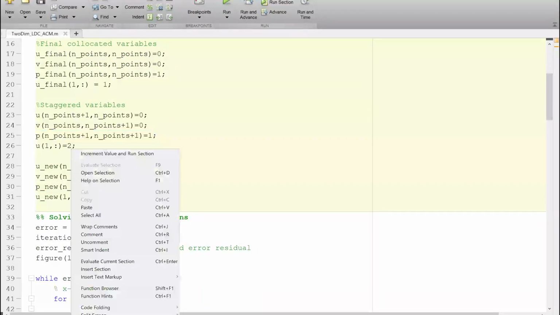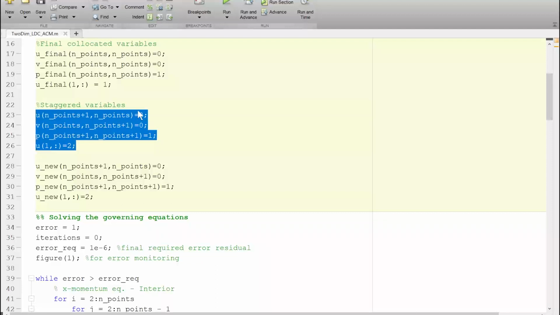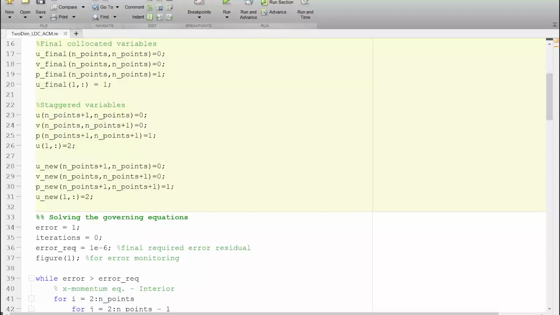So in the staggered u velocity, we have a u of 0 everywhere except the topmost grid row, which is defined as 2, so that the top lid velocity can be equal to 1. When I say top lid velocity, I mean the top physical velocity. Only that is supposed to be 1, everything else can be adjusted.